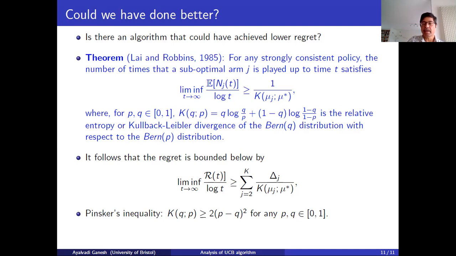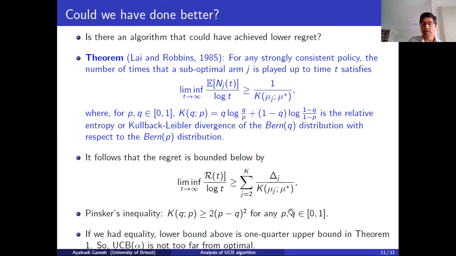And if you do the calculations, so if you assumed we had equality here, then the upper bound on regret that we calculated in theorem 1 would be 4 times the lower bound given by the Lai-Robbins formula. Okay. So it says that in some sense, no algorithm can do more than 4 times better than the UCB algorithm.